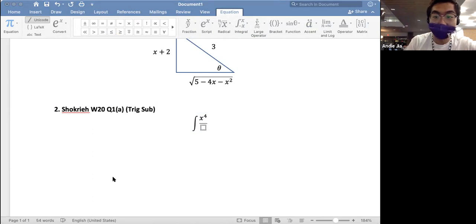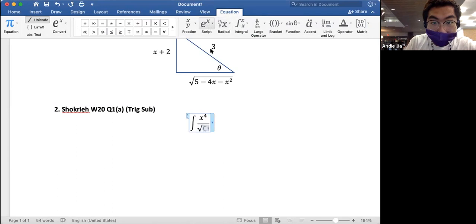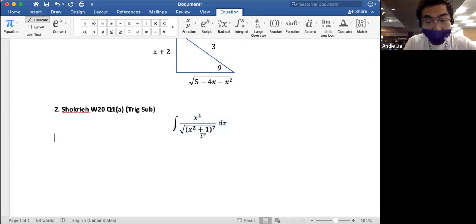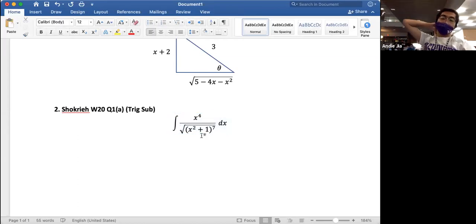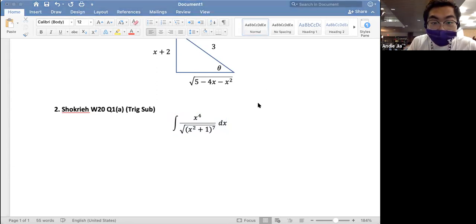So it's going to be x squared plus 4 plus 1. Yes, there's the trig sub. Just the trig identity here.